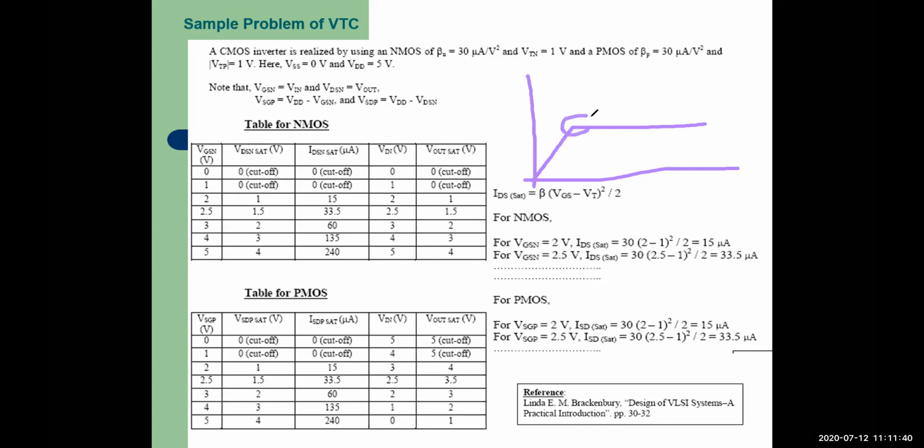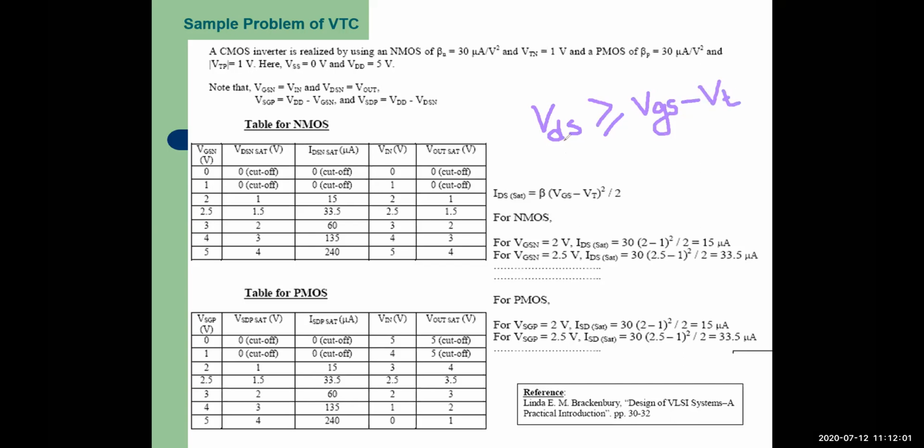Before that point, the curve is linear. After that point is saturation. What is that point? We have taught you already. That point is when your VDS, remember the formula? VDS greater than or equal to what? VGS minus VT. Remember that?